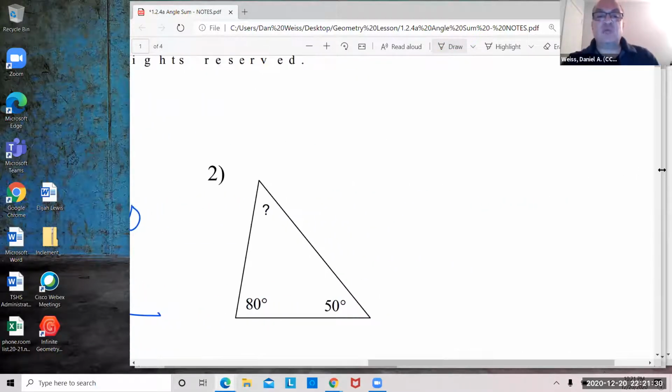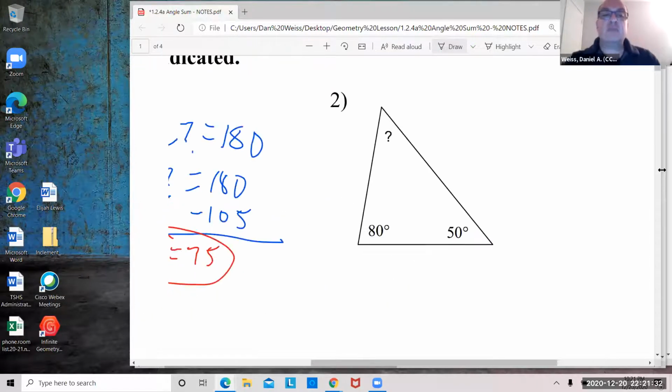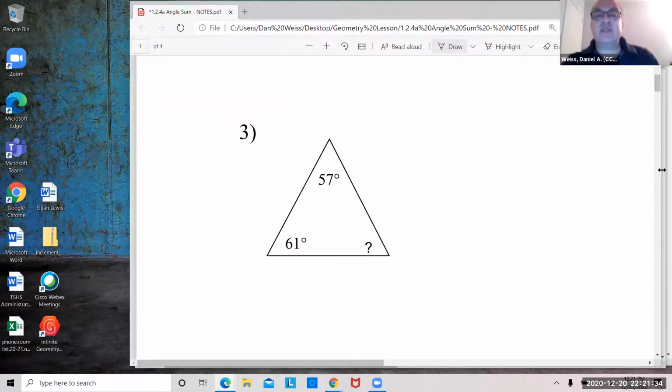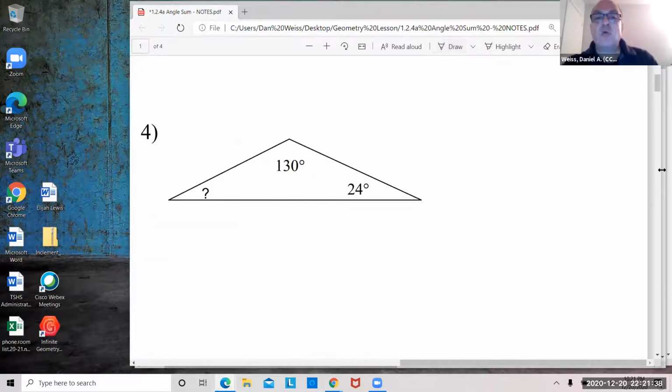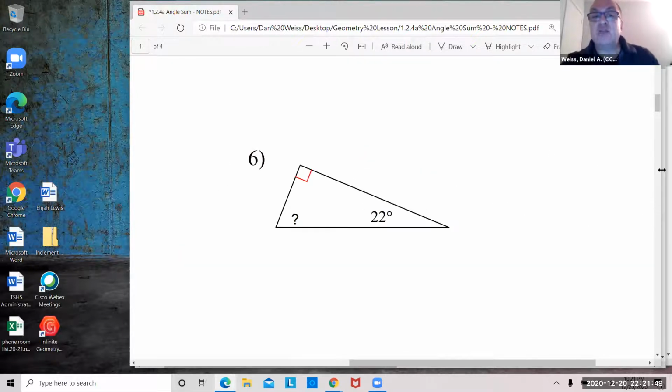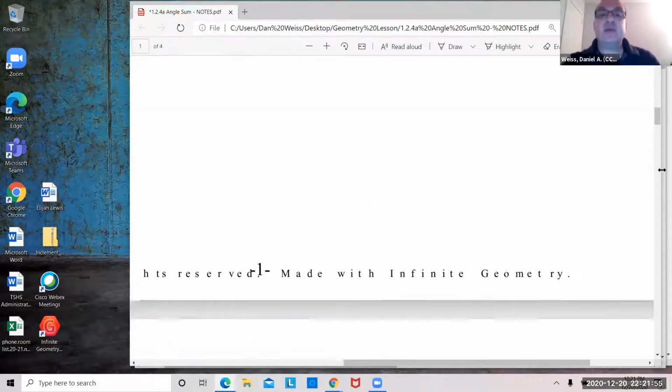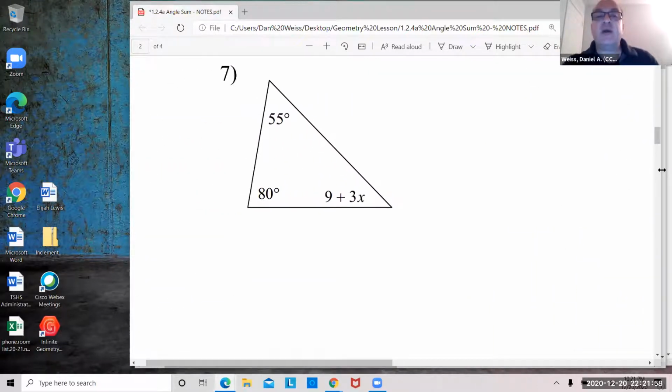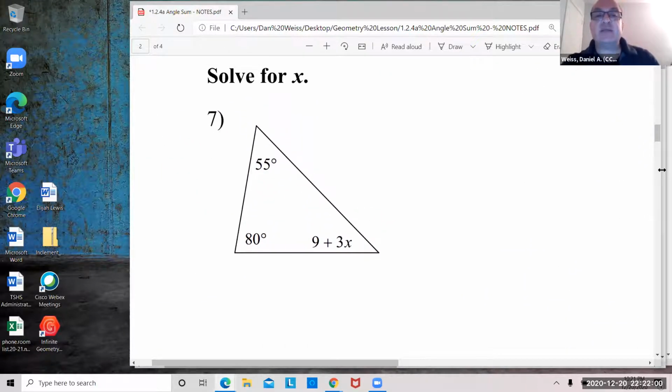50 plus 80 plus what equals 180? 61 plus 57 plus what equals 180? 130 plus 24 plus what equals 180? 61 plus 90 plus what equals 180? 22 plus 90 plus what equals 180? And that's how you find those angles. Over here, solve for x.